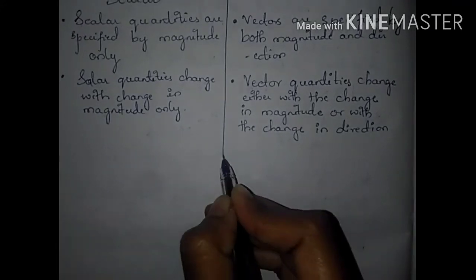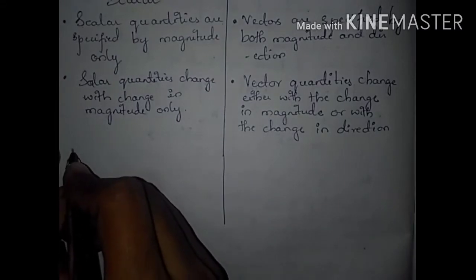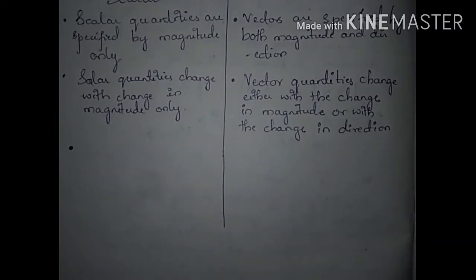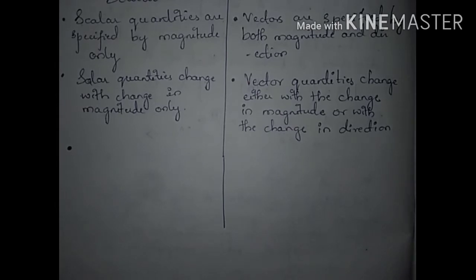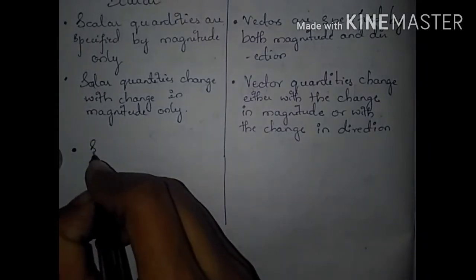So now the next point in scalar is scalar quantities with same units can be added or subtracted according to the ordinary rules of algebra.